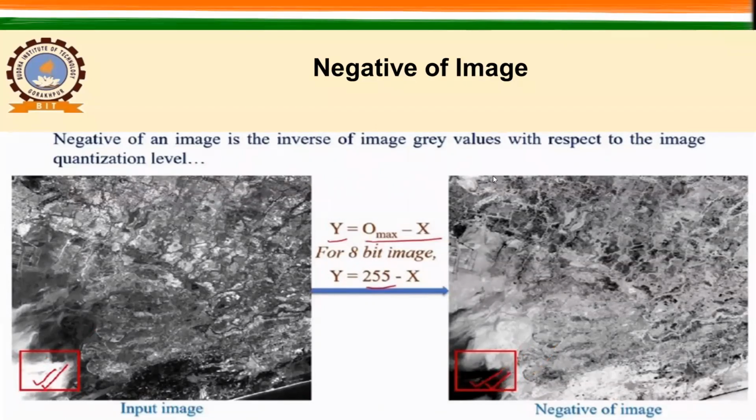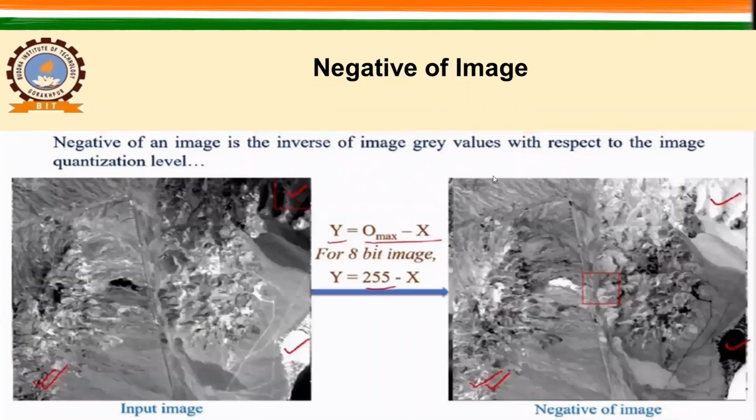Okay, now I will show you one more example, another example where you can see the difference. Here you can see this particular area and this particular area. This and this are just negatives of each other with respect to the highest quantization value.